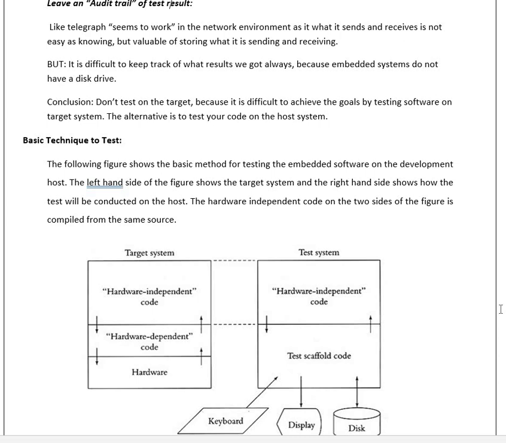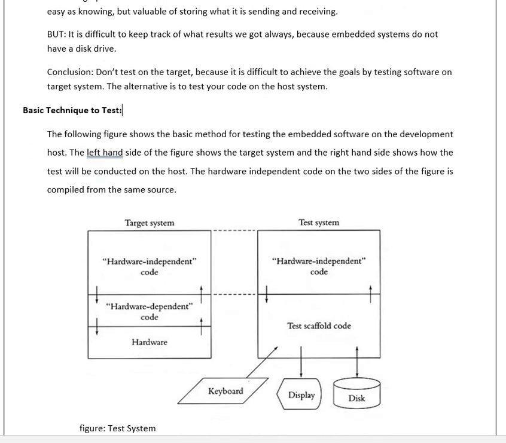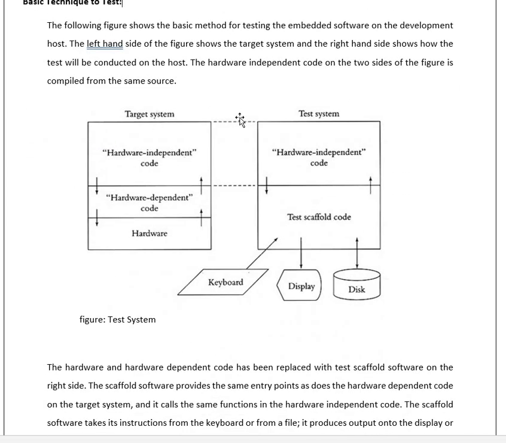Now, there is another technique which is used for testing. Here the figure shows a basic technique to test. Here we have two systems, the actual target system and the test system which is used to test our code. In each of the systems, the hardware independent code is compiled from the same source.